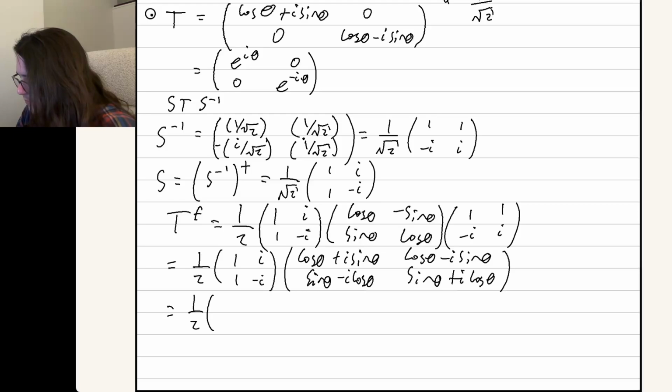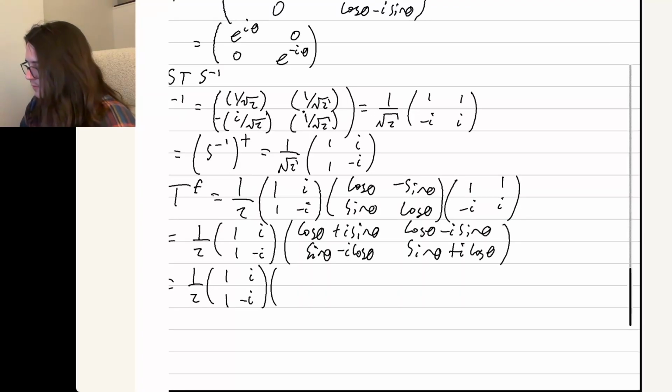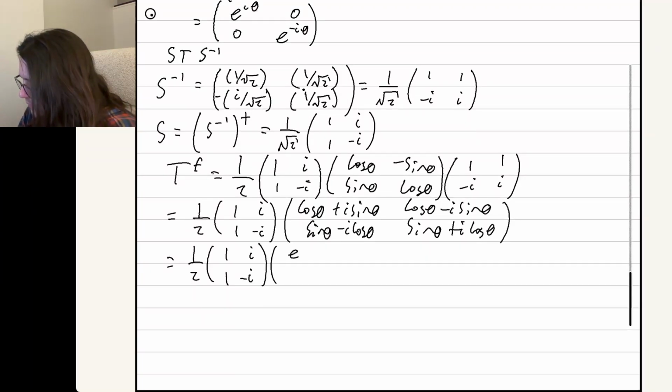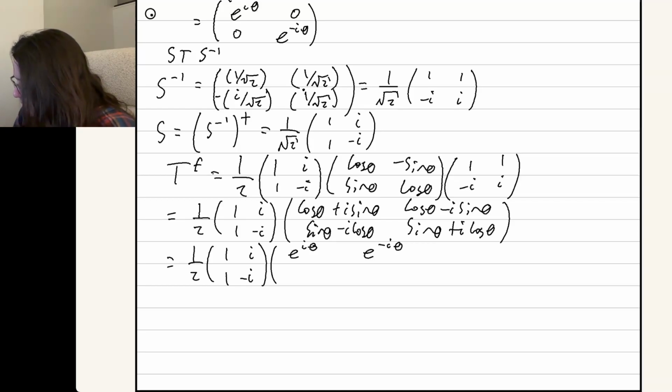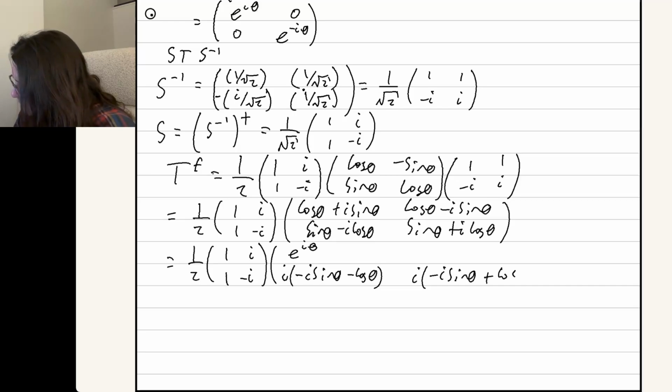Right now, it is actually more useful to try and use Euler's identity on each of these terms. The top left one is just a blatant e to the i theta, and then the top right one is a blatant e to the minus i theta. Let's try to factor out an i from this one. So we'll have a minus i sine theta minus cosine theta in here. And I'm going to move this in a second, but also factoring out an i from the bottom right term, I have an i times minus i sine theta plus cosine theta.